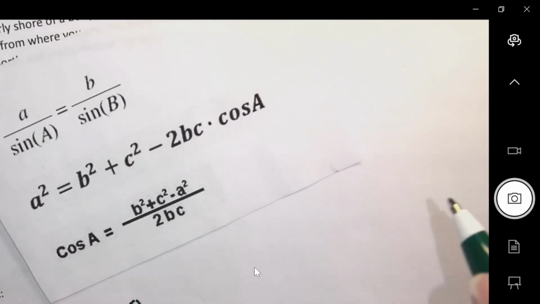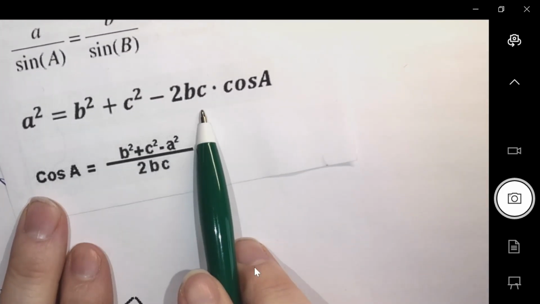So we recognized out of the three pairs, SAS or triple S, that you have a SAS, a side with an angle in between the side. So on my formula sheet, that would be this middle one.